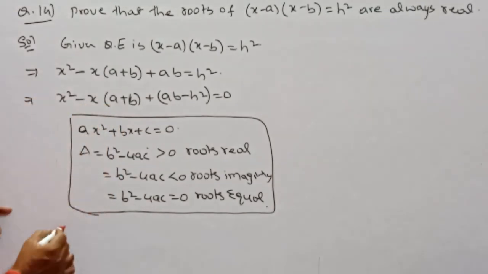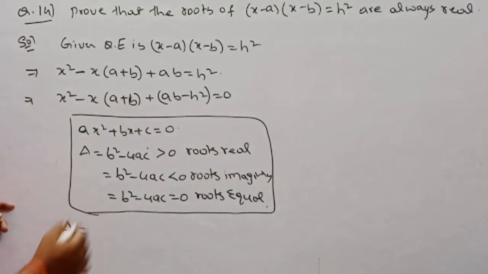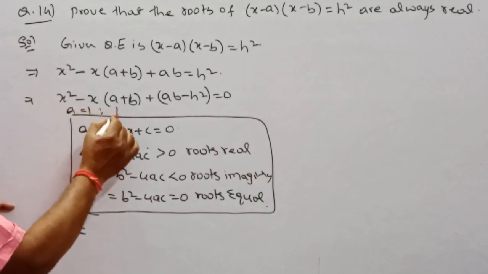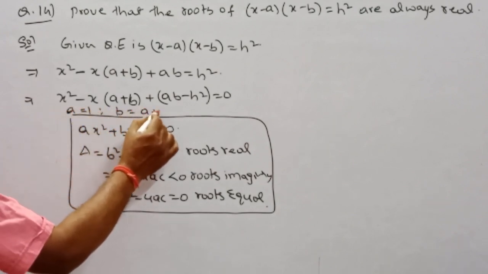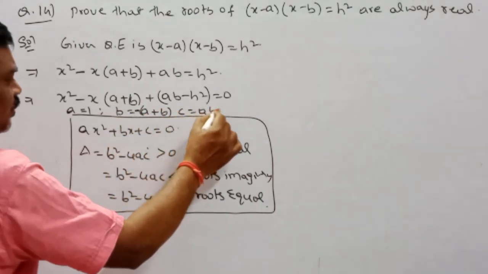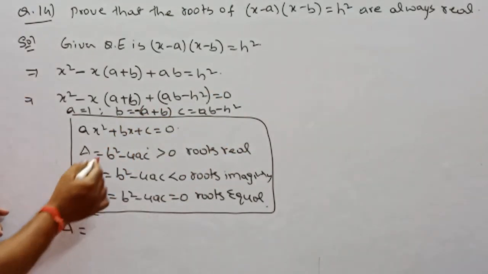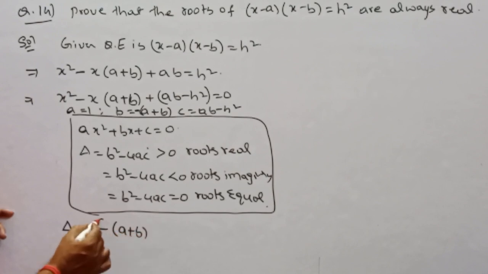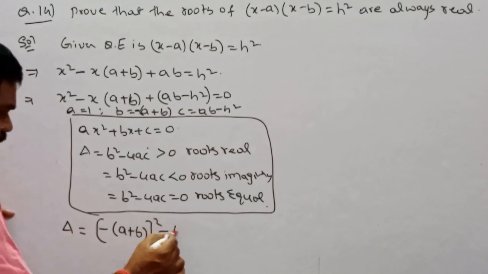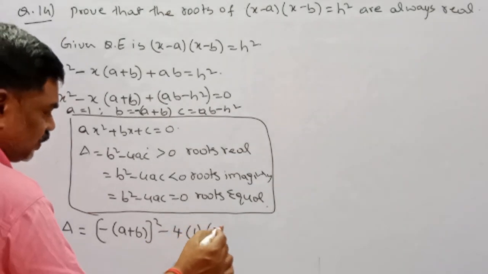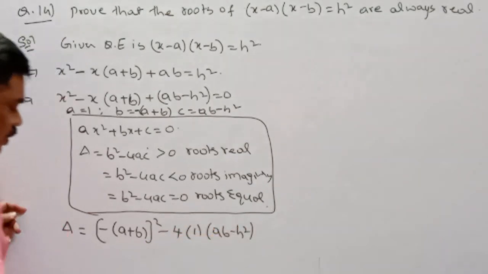So what is delta? Here a is 1, b is minus of (a plus b), and c is ab minus h square. Substituting into b square minus 4ac, delta equals (a plus b) whole square minus 4 into 1 into (ab minus h square).